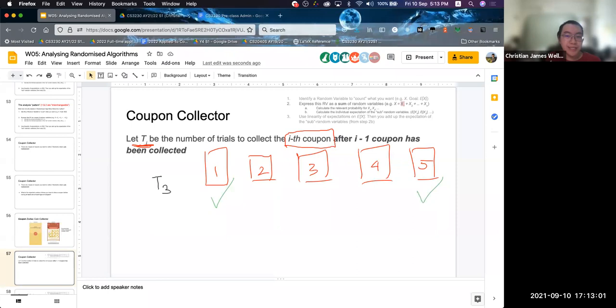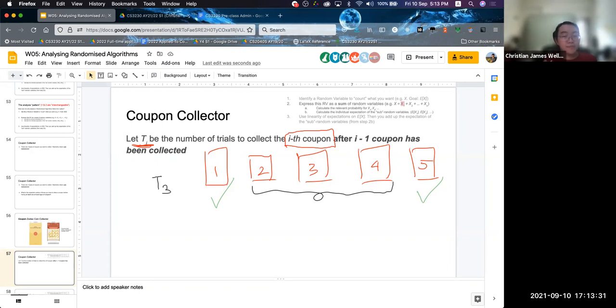This T3 is not saying I want this particular coupon with number 3. It is not saying that. It is saying I want the third new coupon. So as long as I get any one of these, then I'm happy. Does this make sense so far?